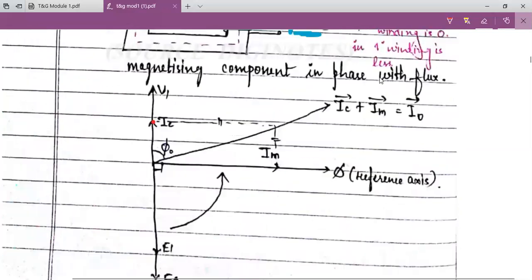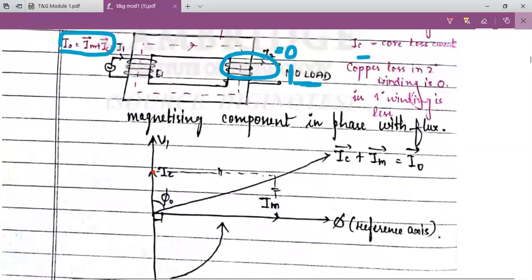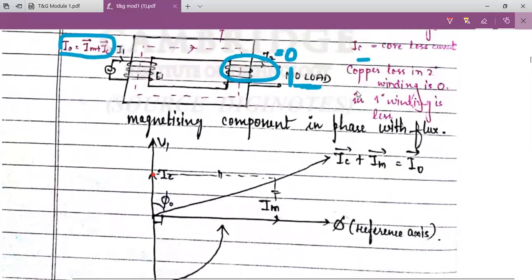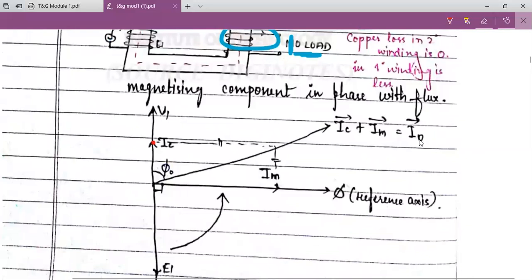See, what you know here, I naught is nothing but Im plus IC. So while drawing the phasor diagram, I want to get I naught, and to get it I have to get two components. One is the magnetizing component, the other is the core loss component. The magnetizing component is IM, which is responsible to produce flux.